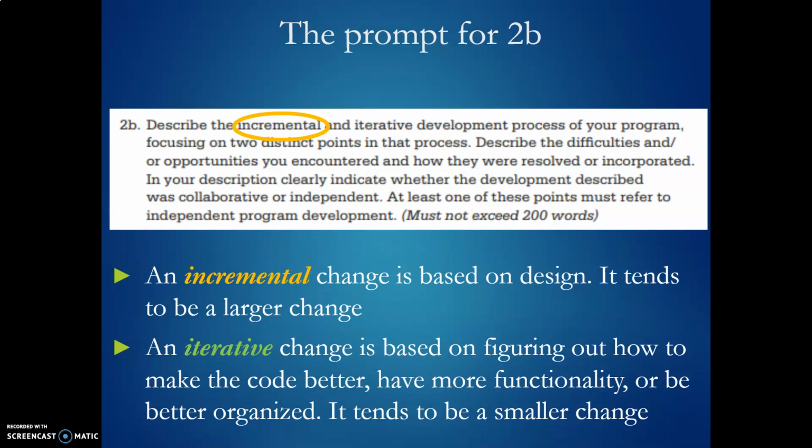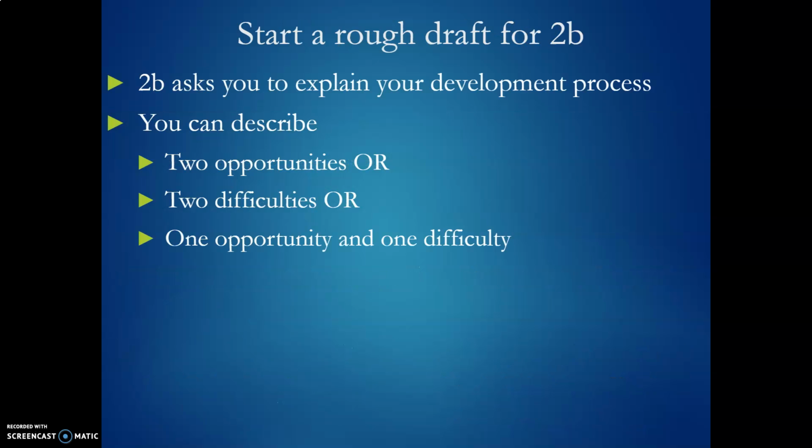You're not changing the design of the program. You're just making the code better organized, easier to reuse. So these iterative changes tend to be smaller. The incremental change is like where we go from version 1 to version 2, and there's a significant change in the design. So they're going to ask you about both of these in 2B.